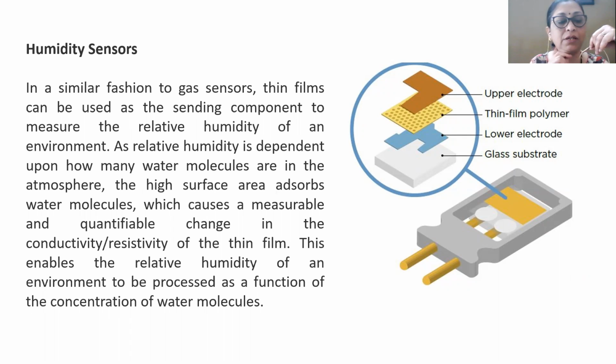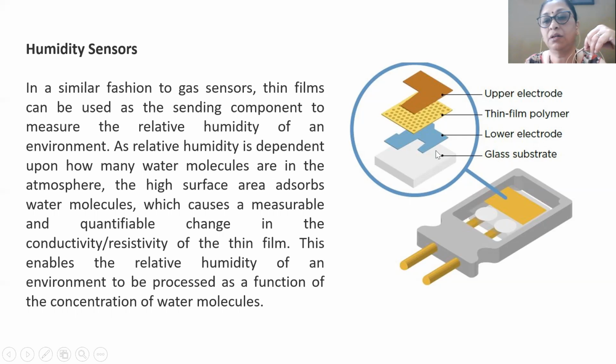Generally, relative humidity of the environment is measured, and the sensors formed for humidity measurement are again suitable to fabricate in the form of thin film sensors. Here you can observe how that particular sensor can be fabricated.